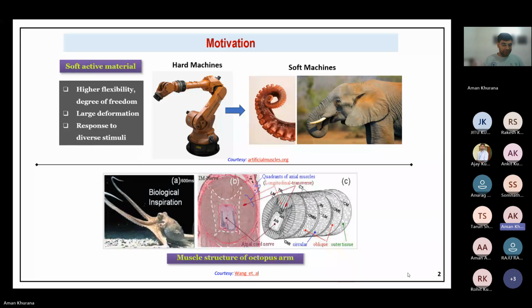The process that I learned during my postdoc in Germany is very simple. They say that whatever you are doing, you should have a great motivation behind it. So whenever I present this work, I always keep my first slide as motivation. Why do we have to move toward soft active material and soft robotics? In our day-to-day life, most of our motivation we get from mother nature.